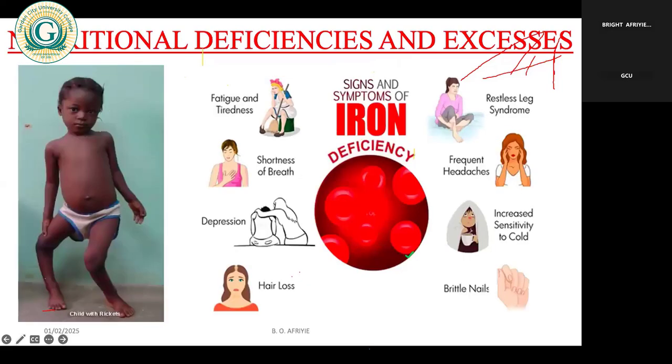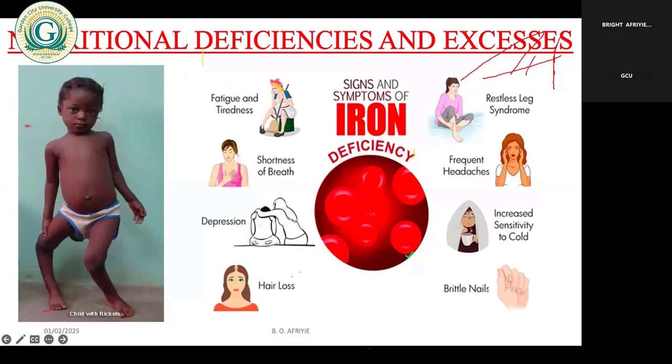But in terms of the deficiencies, I have an example here of iron deficiency, where you have restless leg syndrome, frequent headaches, increased sensitivity to cold, brittle nails, hair loss, depression, shortness of breath, fatigue and tiredness. All these symptoms and signs are as a result of iron deficiency.